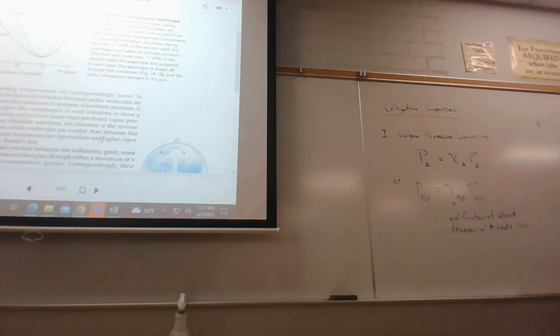What happens when we lower the vapor pressure? The vapor pressure is between the liquid and the gas, and this line here is the vapor pressure line. So when the vapor pressure is lowered, that's going to change some stuff.